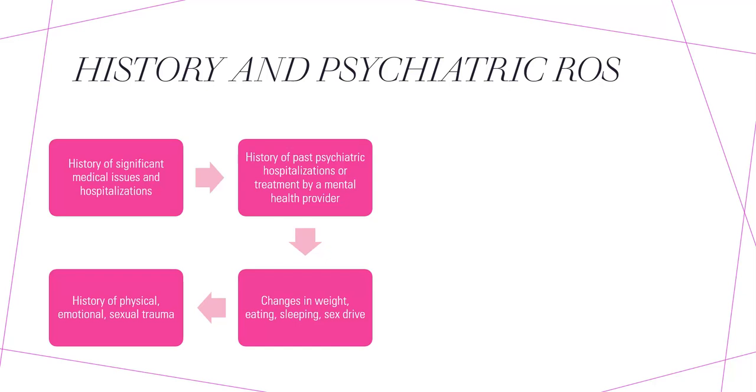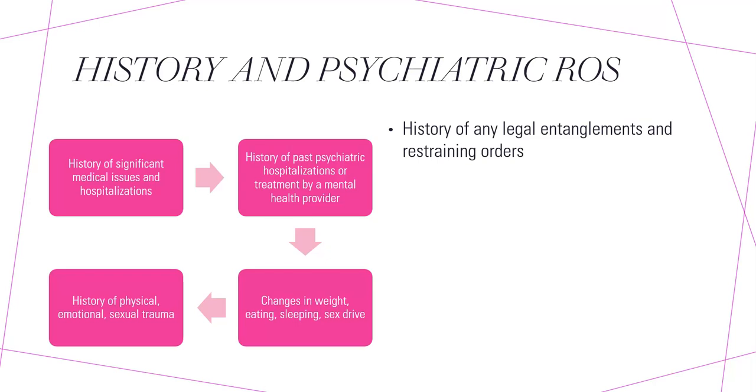So you need to know what their medical history is. Do they have any history of past psychiatric hospitalizations or any treatment by a mental health provider? Have they had any changes in their weight, their eating, their sleeping, or their sex drive? And is there any history of any kind of physical, emotional, or sexual trauma?